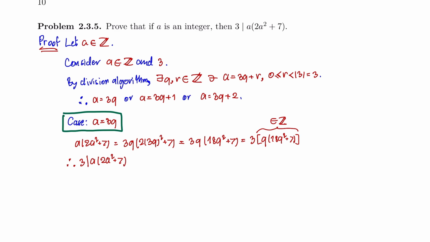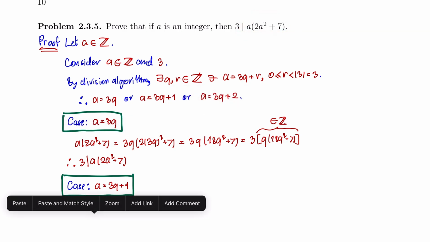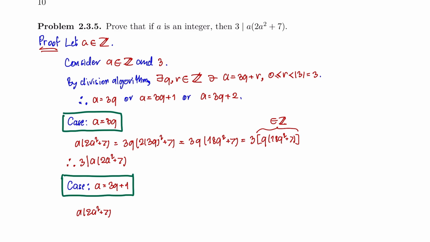Now let's go to another case. The second case, the case where a equals 3q plus 1. So how can we do this case? For this case, it's similar to the previous one. We want to start with the dividend here, which is a times (2a squared plus 7). So it turns out to be (3q plus 1) times (2(3q plus 1) squared plus 7).